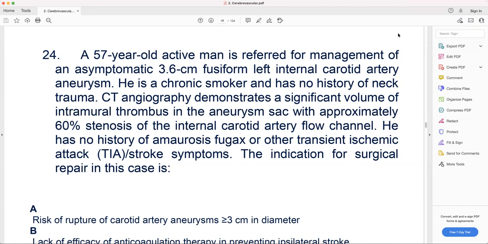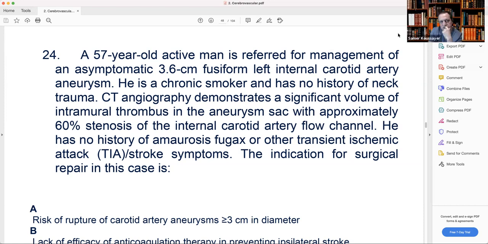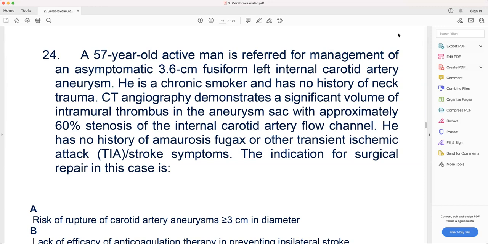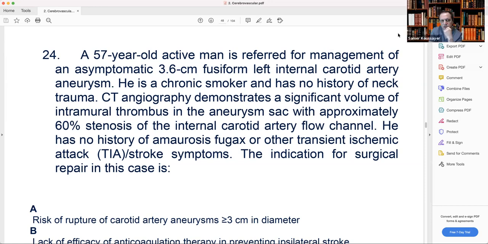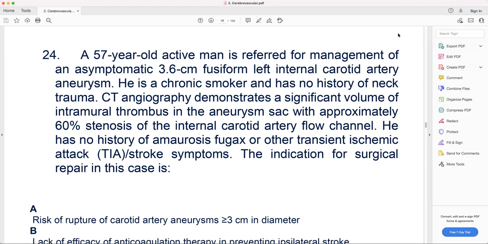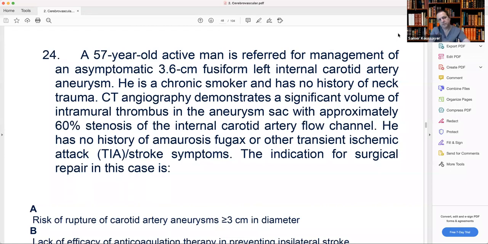Do you remember the indication to repair an internal carotid artery aneurysm? First, do they rupture or do they embolize? Which one is more? You are afraid of emboli more than rupture. Correct, like the other arteries, right? Yes, so they were afraid of emboli.